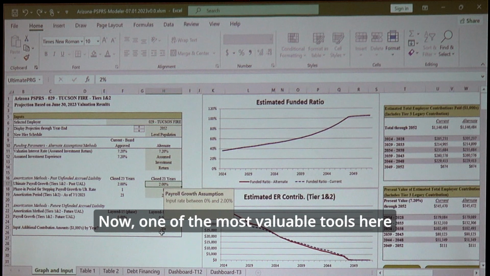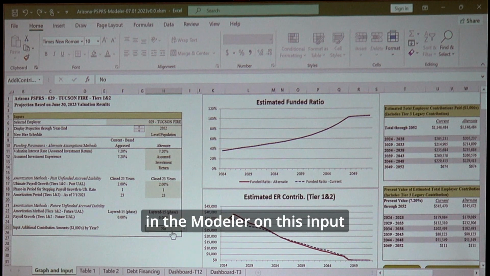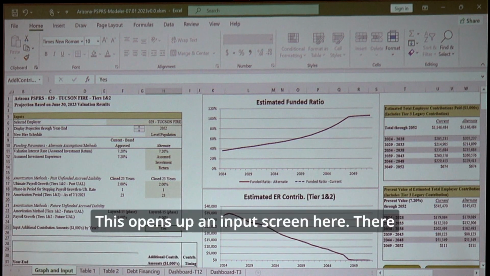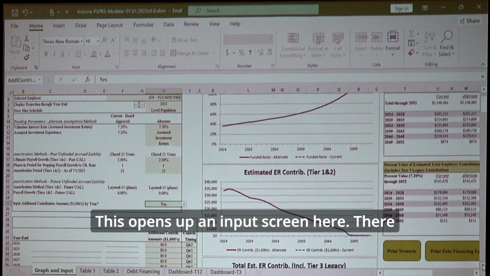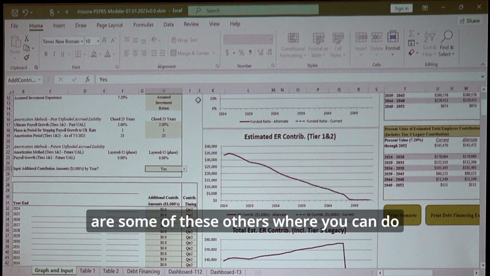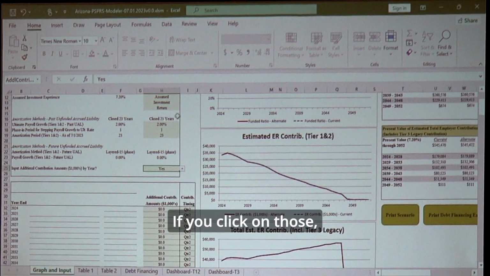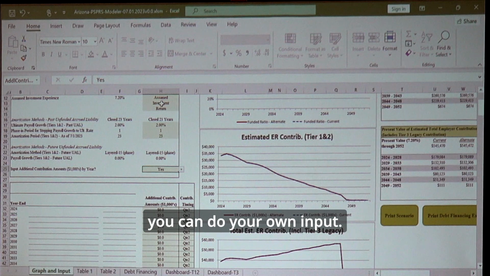Now, one of the most valuable tools here in the modeler on this input is this feature right here. This opens up an input screen here. There are some of these others where you can do an input screen as well, by the way. If you click on those, you can do your own input.